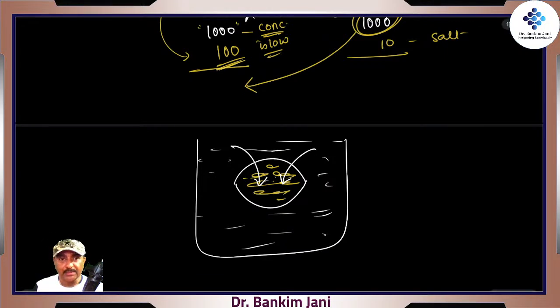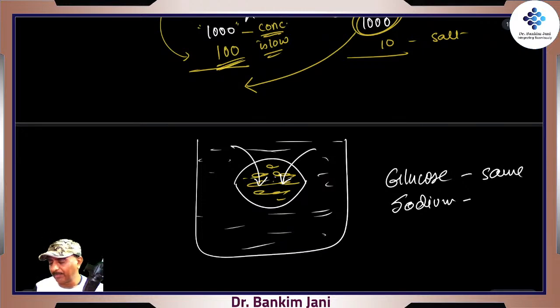So whether you add glucose or you add sodium, for water it'll say, for me everything is same. I just have to calculate what the osmolarity is, right? Now how does it calculate? It will say higher concentration to lower concentration of water, because it is only water that will be moving and no one else.